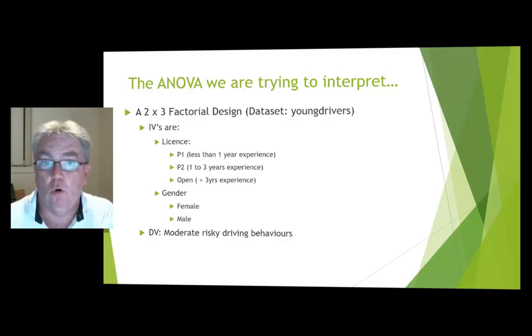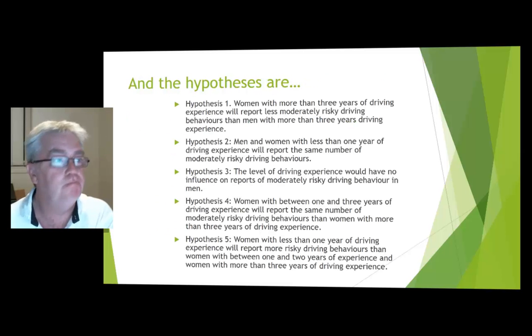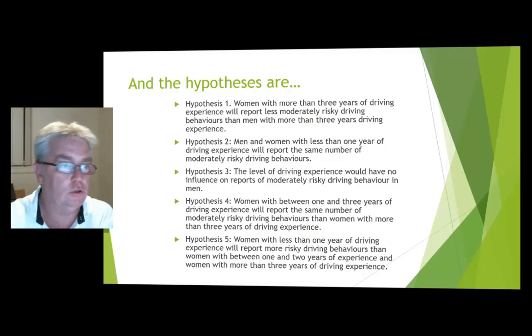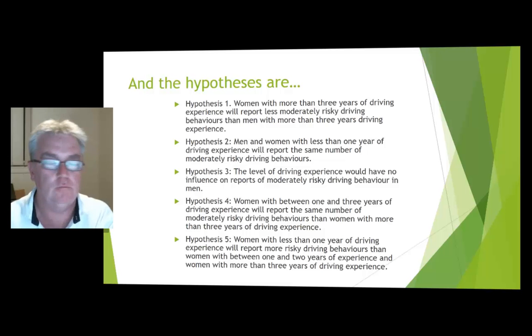Okay, always analysis is driven by hypotheses, and the hypotheses are here. So you've got those in the workbook. You can read down through them. I'm not going to take the time here to read them out. Couple of crucial things. Hypothesis 1 and Hypothesis 2 are talking about differences between men and women.